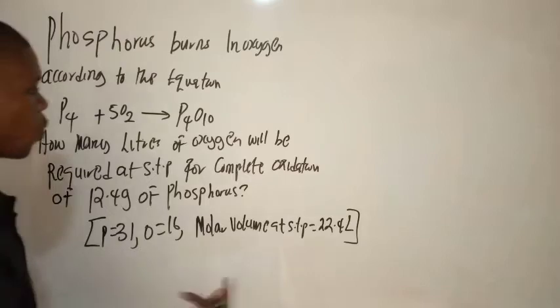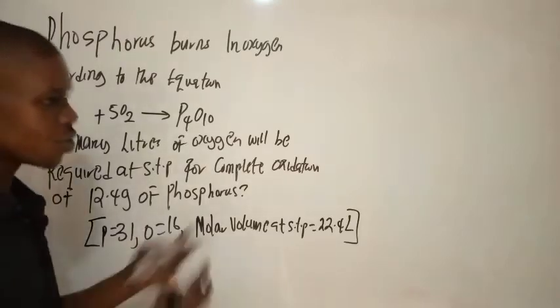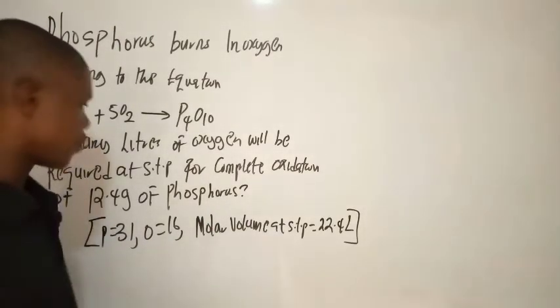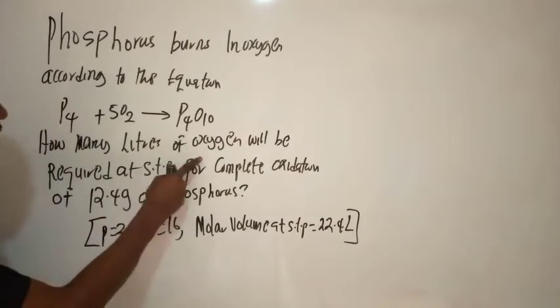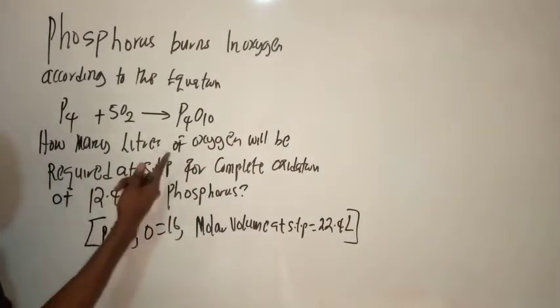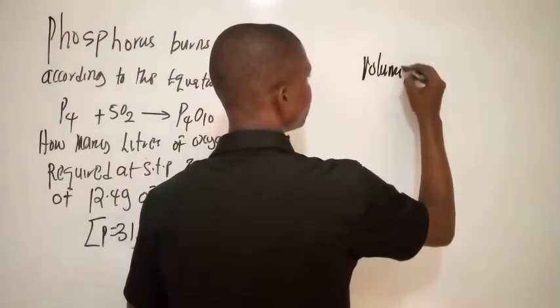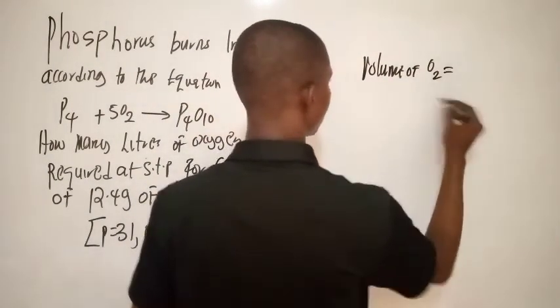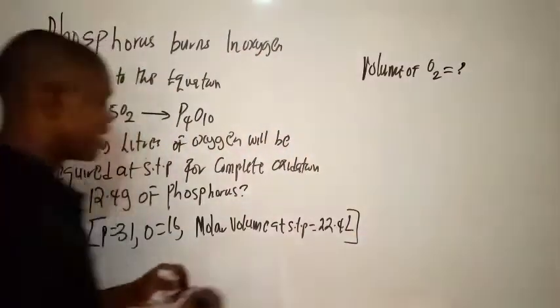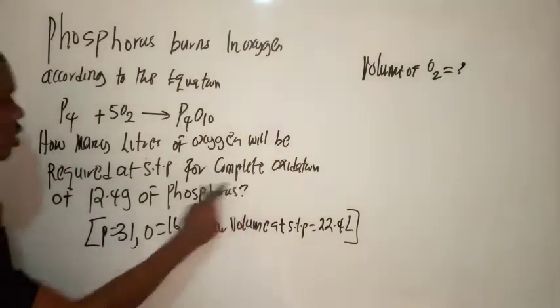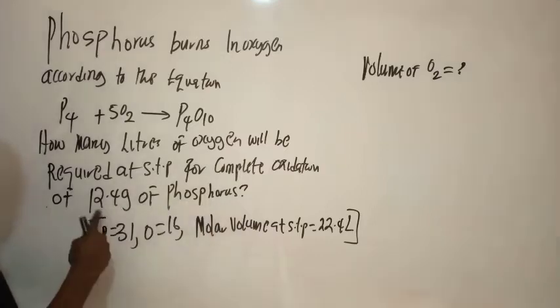Now let's check what is being given to us, because you must know what you are given and what you are calculating for. How many liters of oxygen will be required at STP? So you are calculating the volume of O2, and it must be in liters, for the complete oxidation of 12.4 grams of phosphorus.